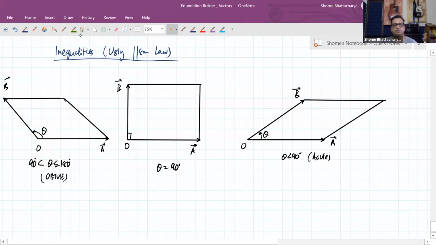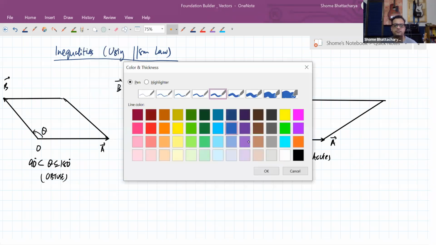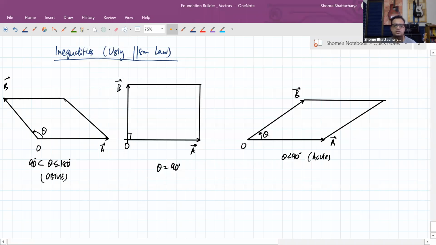Now if I start comparing the diagonals for the three different parallelograms, then immediately I'll start to understand the relationship between mod a plus b and a and b in each of these cases.